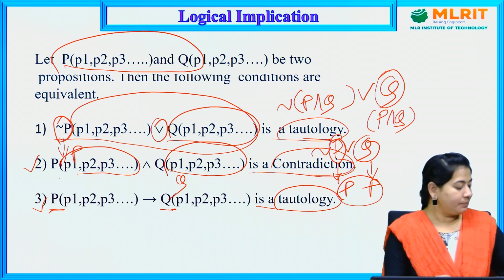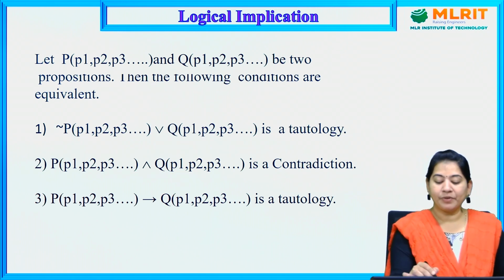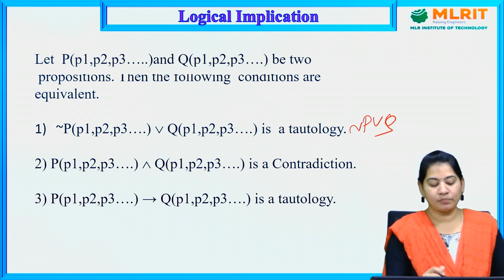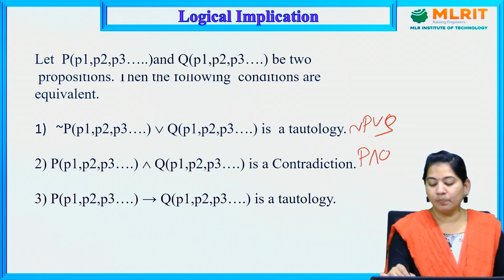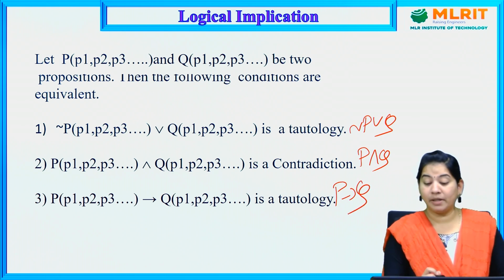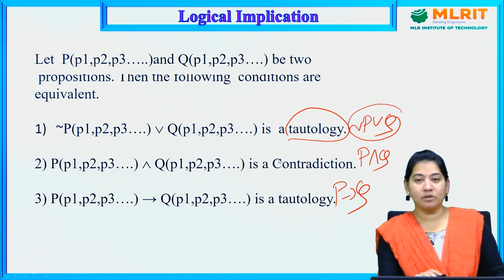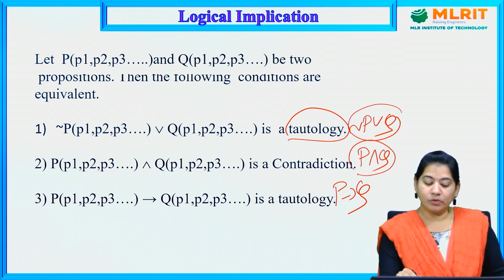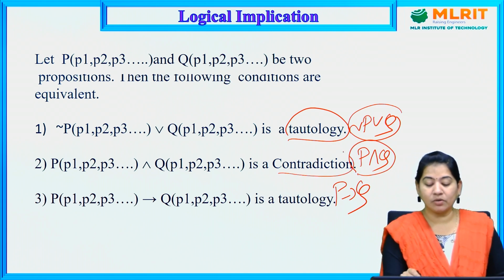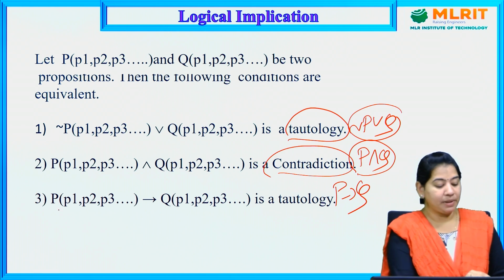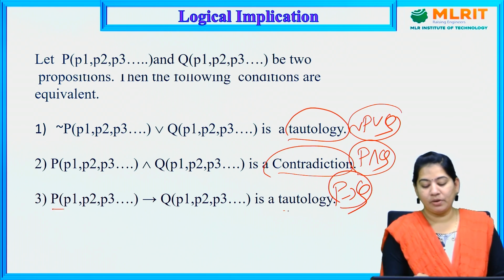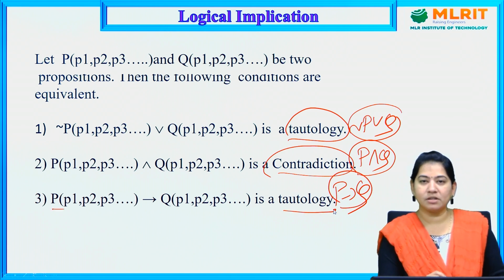So, here are all three conditions. Simply, you write negation P or Q, P and Q, P implies Q. For negation P or Q, if you construct the truth table, you have to get a tautology. For P and Q, if you construct the truth table, you need to get a contradiction, and for P implies Q you have to get a tautology if you construct the truth table.